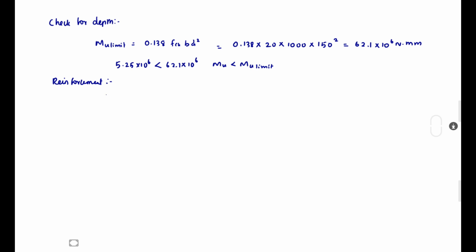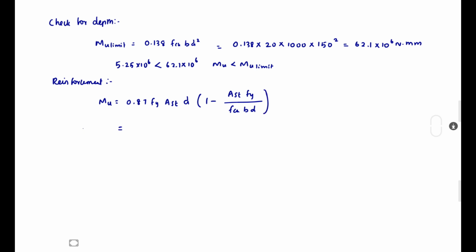Now we can provide the reinforcement. The reinforcement details, the formula is MU equal to 0.87 Fy AST into D into 1 minus AST into Fy divided by FCK B D. Now we can substitute all the values.